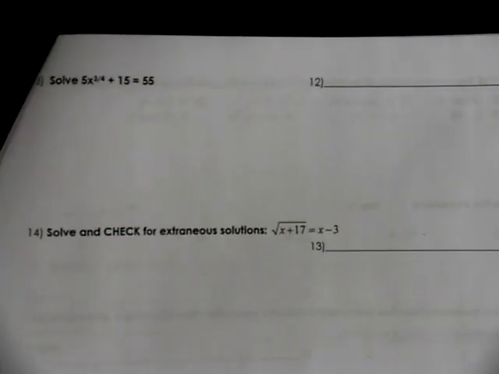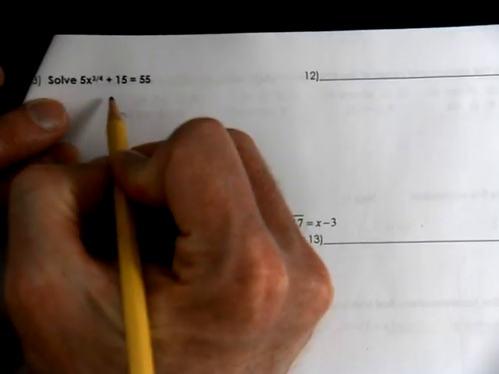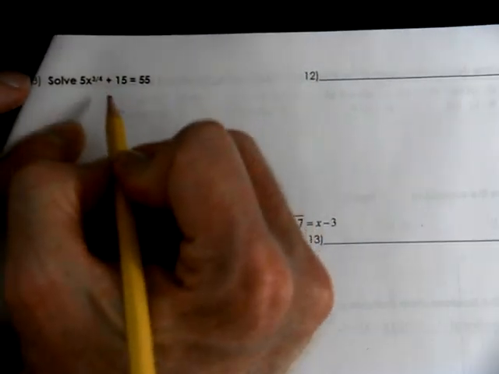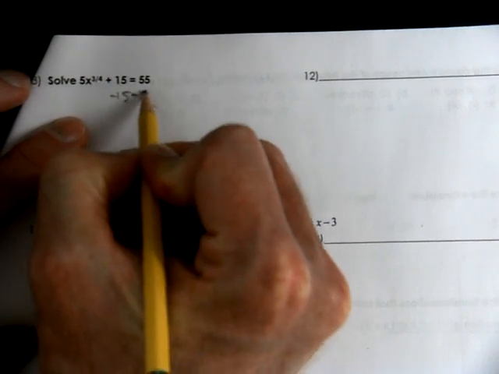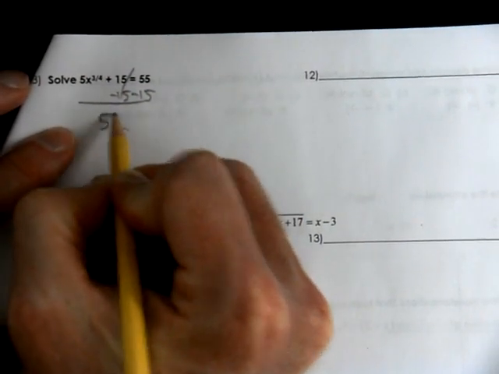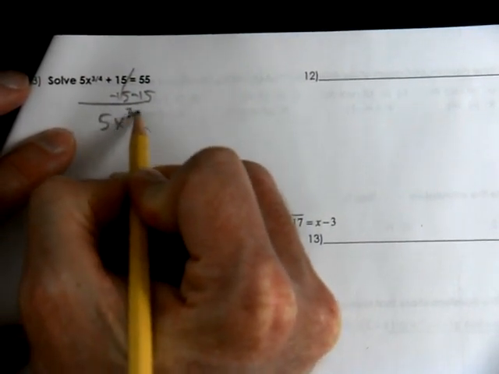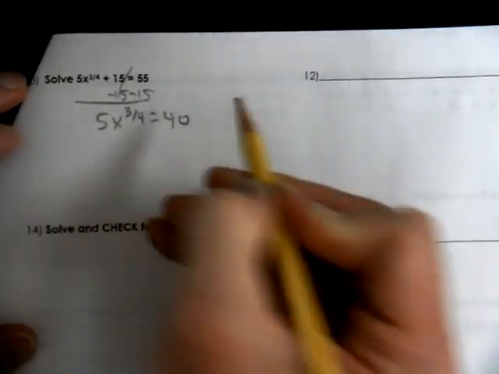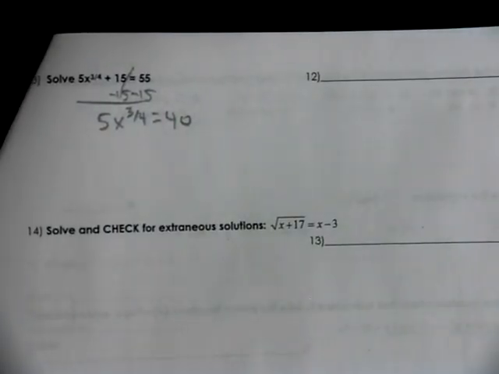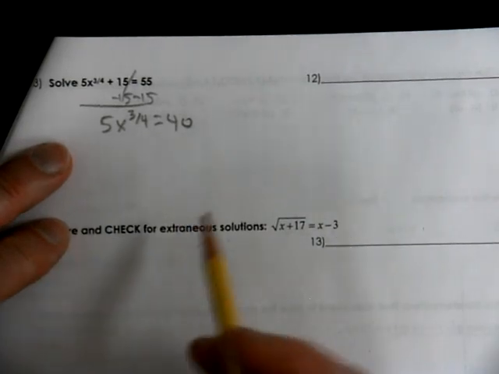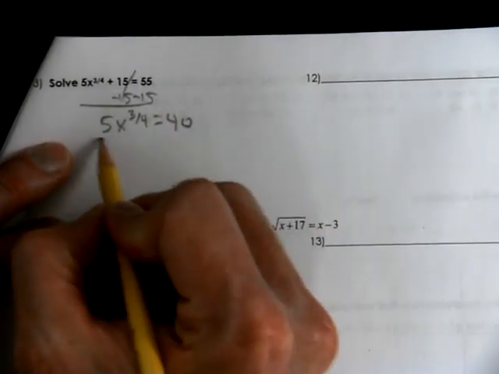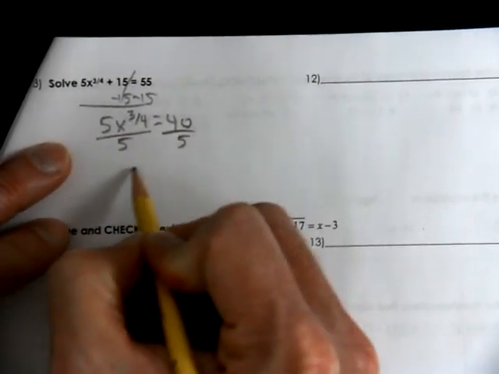Last 2 questions. So just like any algebra problem, you move your constants together. Then we'll divide by 5.